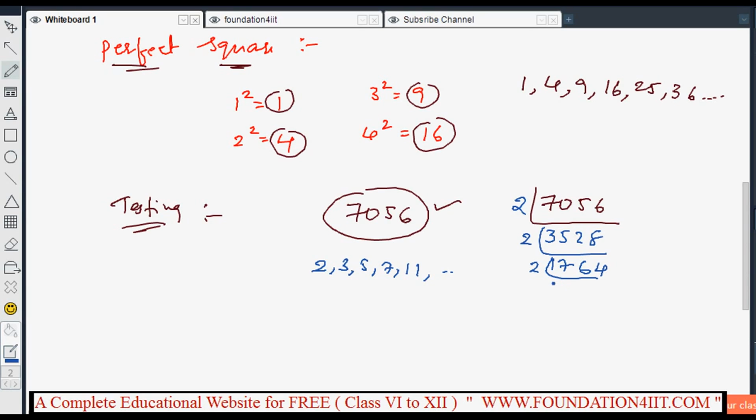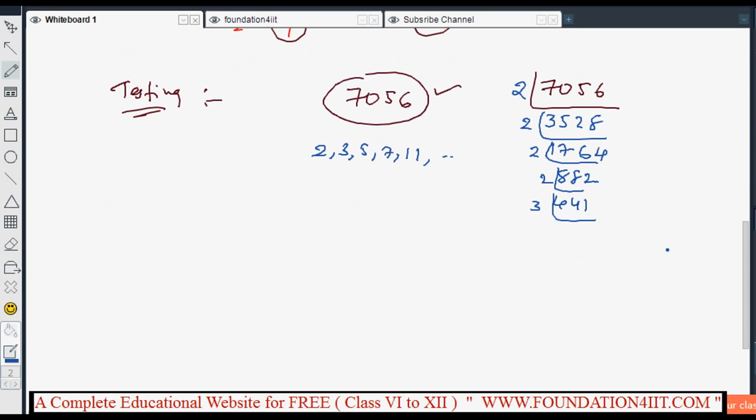Now again the 2 table. 2 eights are 16, 1 carry, 8 is 16, 2. 441. Now come to the 3 table, because 2 is not possible. 441, if you take 3, 1, 4, 7, because 7 threes are 21. 3 table.